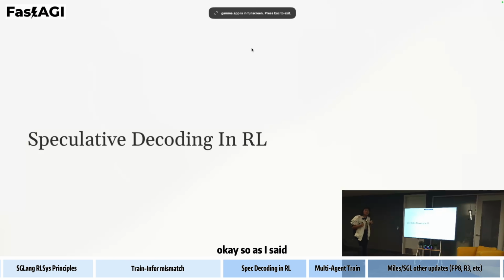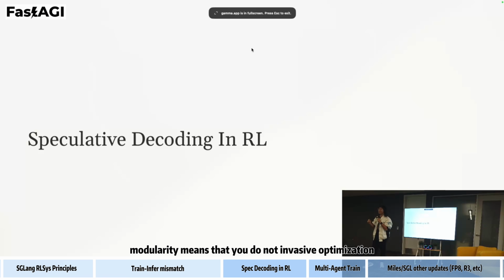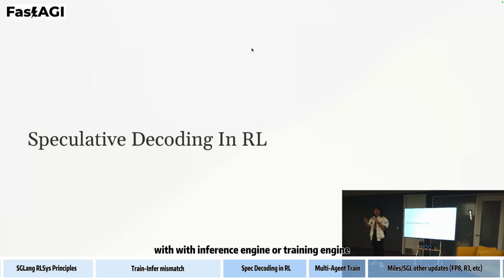Okay, so as I said, modularity means that you do not do invasive optimization with the inference engine or training engine. For inference, we spent a lot of time implementing speculative decoding, because speculative decoding is efficient and accelerates your inference with small batch sizes. For RL, ideally we want a large batch size.